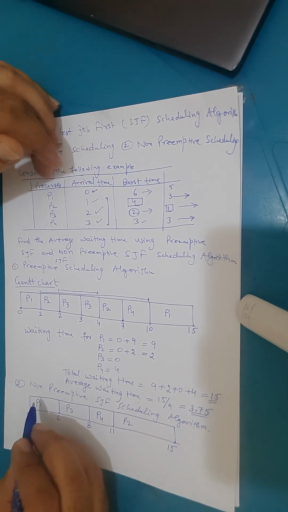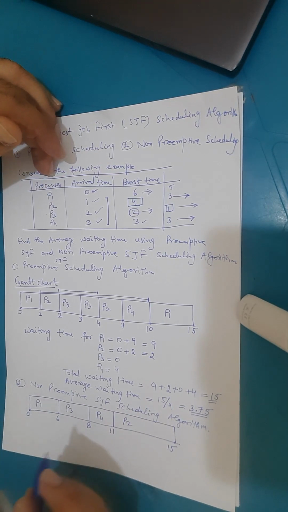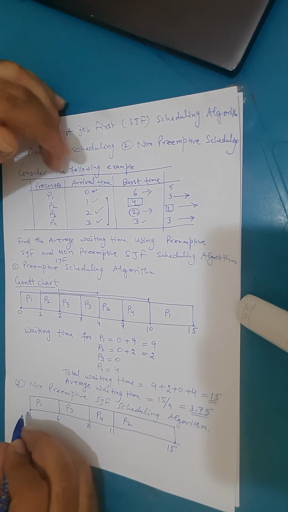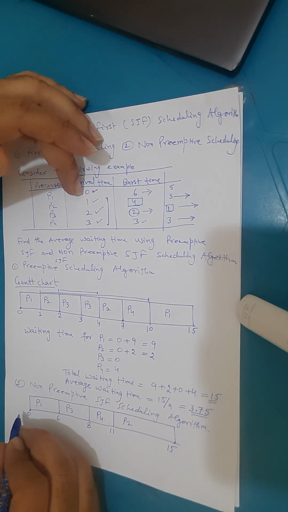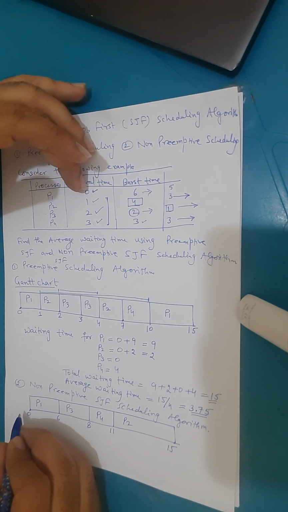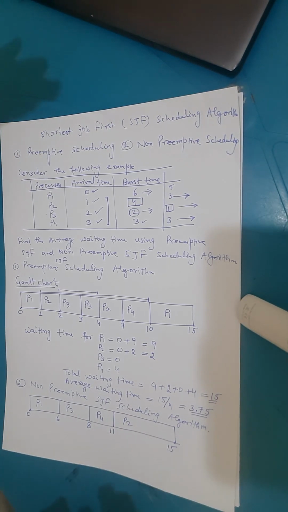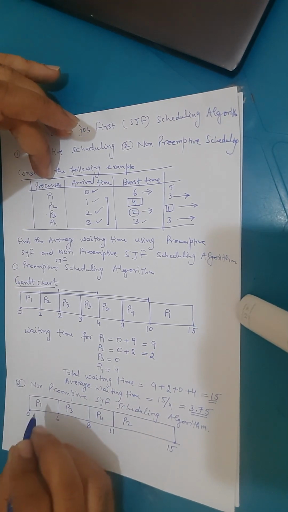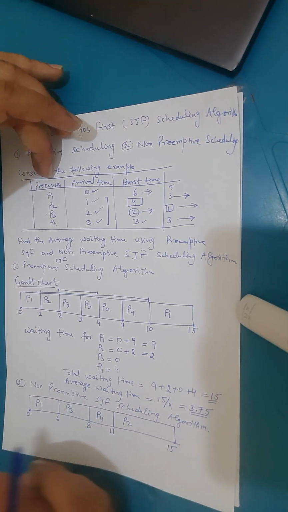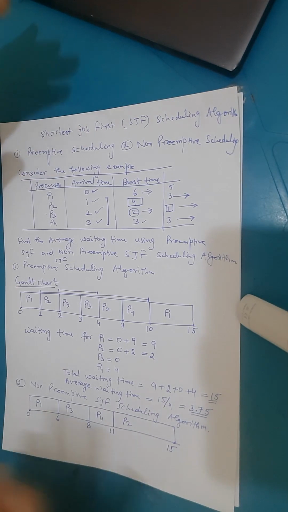Again, in non-preemptive SJF scheduling algorithm, you will start from the 0 arrival time. So at 0 arrival time, there was no other process in the system except P1. So P1 will start to execute, right? So 0 to 6, because this is a non-preemptive SJF algorithm, so no interruption will happen.